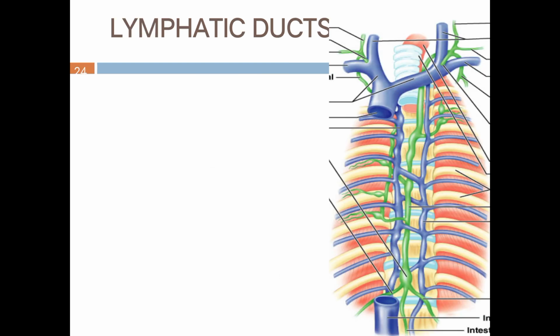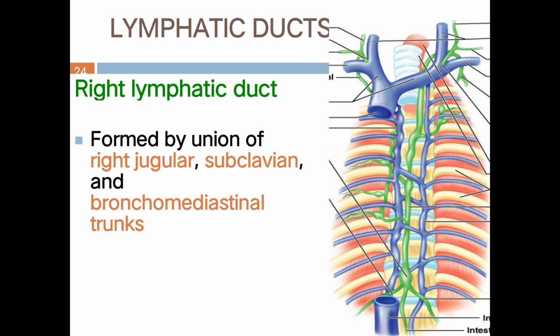So lymphatic ducts. Let's proceed to the lymphatic ducts. The right lymphatic duct is formed by the union of the right jugular, subclavian, and bronchomediastinal trunks. So what is the bronchomediastinal trunk?